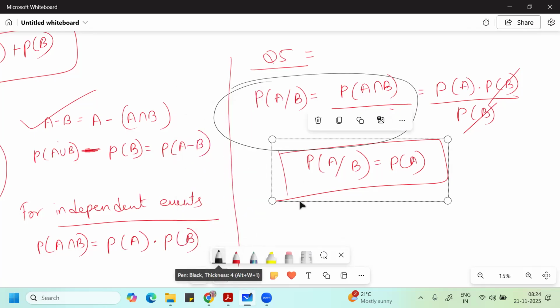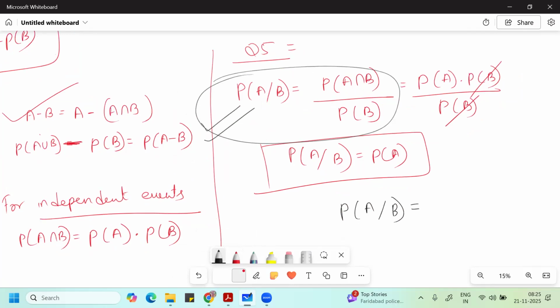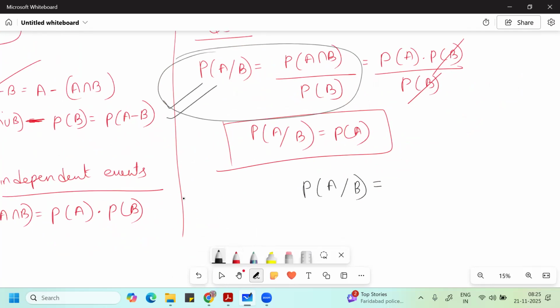Probability of A by B means, what is the probability that event A will happen, knowing that B has already happened.